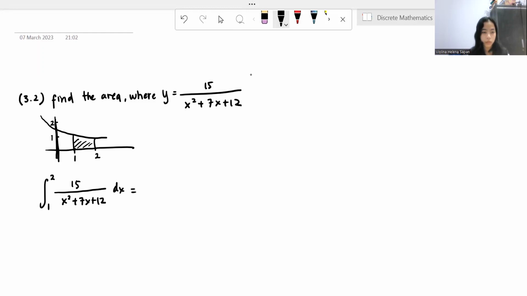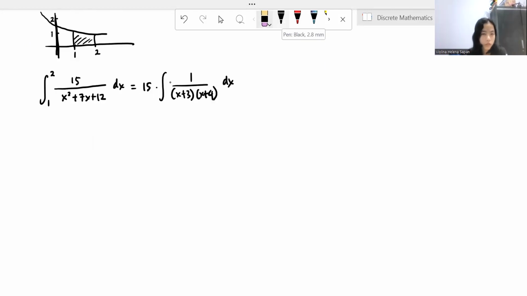We can pull out the 15. So 15 times the integral of 1 over, we can factorize this to x plus 3 times x plus 4 dx. To calculate this integral, first we need to use the partial fraction formula.